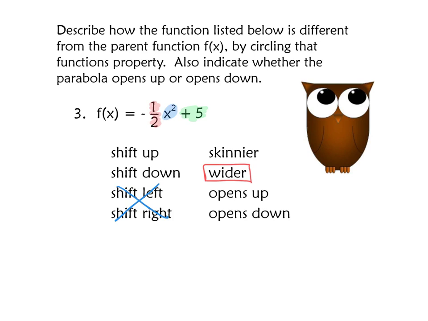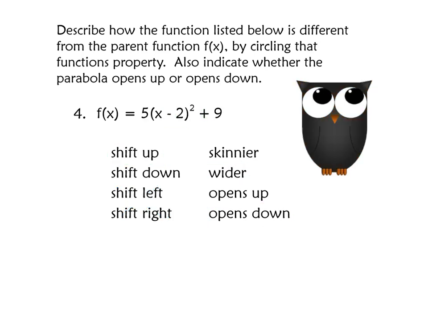K is +5, which means shifts up 5. And out in front of my A, I have a negative, which means this opens down. Take a few minutes and try example 4 by yourself.